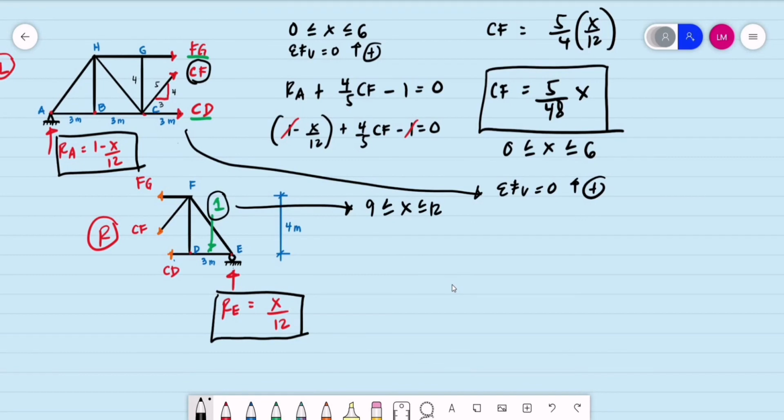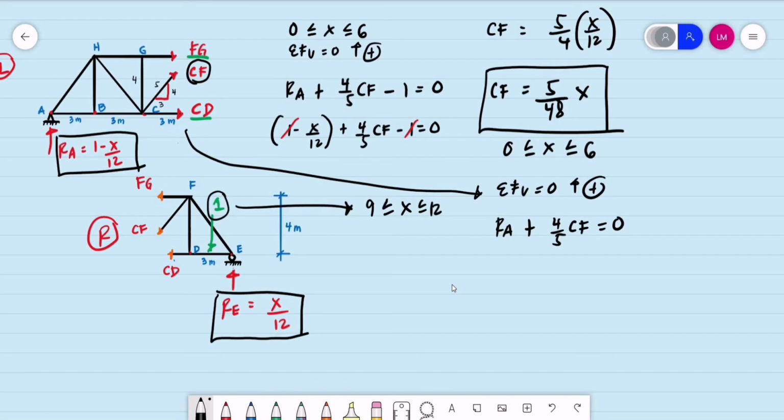So that is simply R sub A plus the vertical component of CF, that is 4/5 of CF, equal to 0. Those are the two vertical forces on the left side.